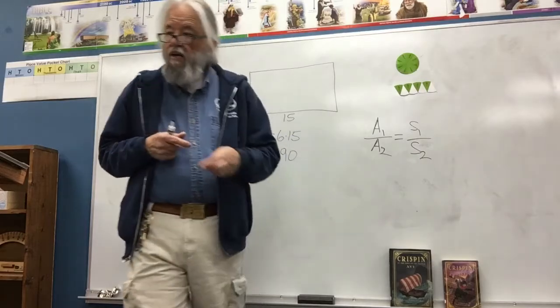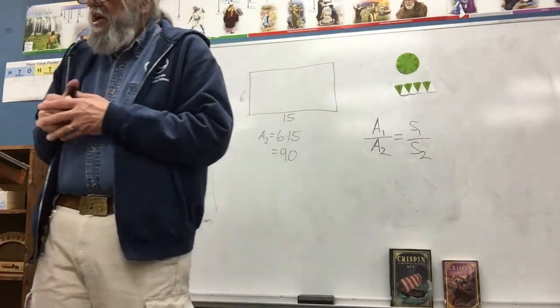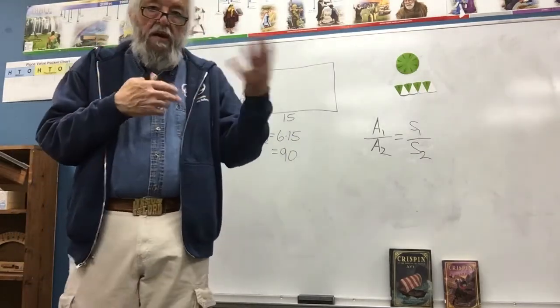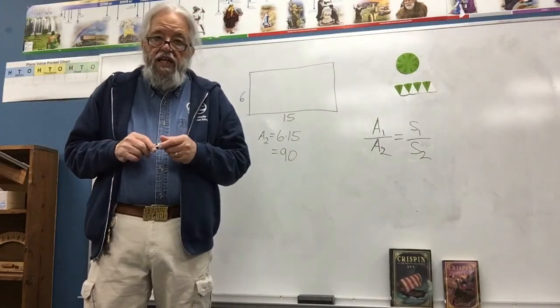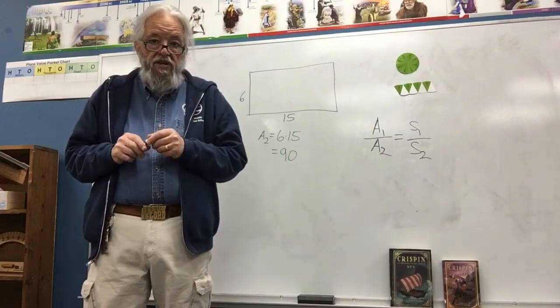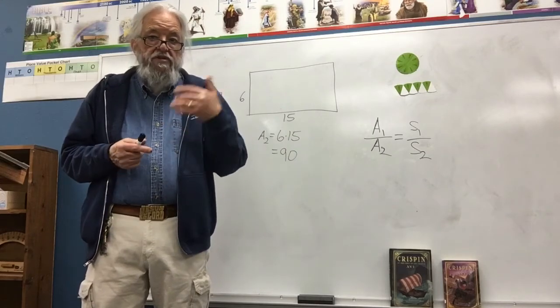Okay? Hope that explains it to you. If you think about it, if you need to, you play it back and look at the examples and everything, and it should kind of start making sense to you. All right? Hope that helps.